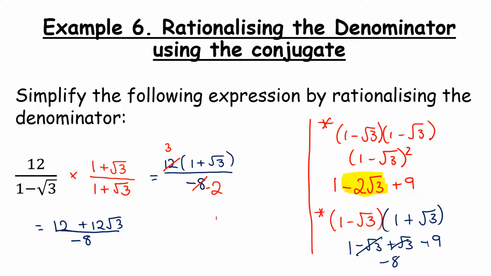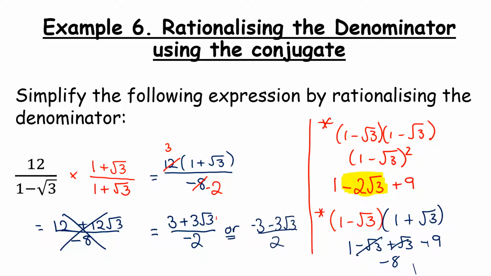So we actually get 3 plus 3 root 3 over minus 2. And that is simplified down. If you worked it in a slightly different way or with the signs different, you could end up with minus 3 minus 3 root 3 all over 2. That means exactly the same thing.